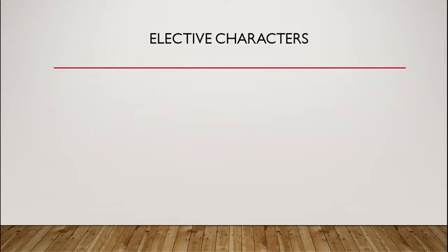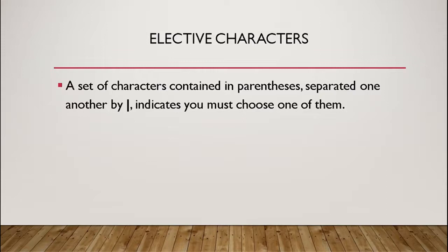We can also make selections of characters if we set the options in parentheses separated by bars. In this case, the regular expression can recognize the strings mere, mare, and more, because while M, R, and the last E are mandatory, in the second position it could be E, O, or A, but just one of them.